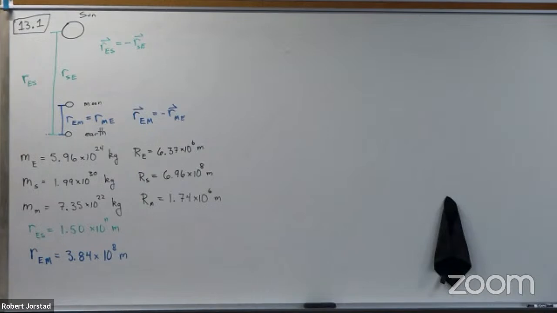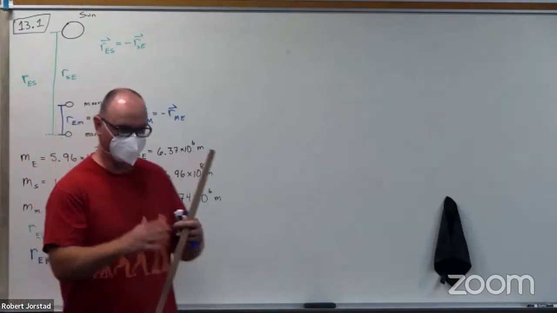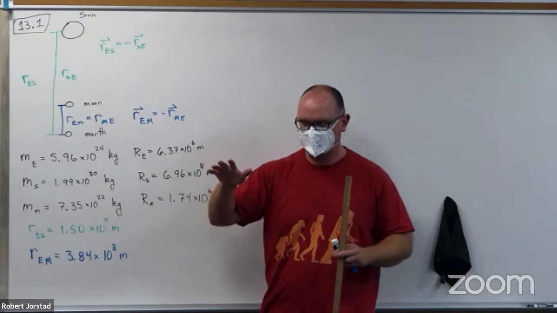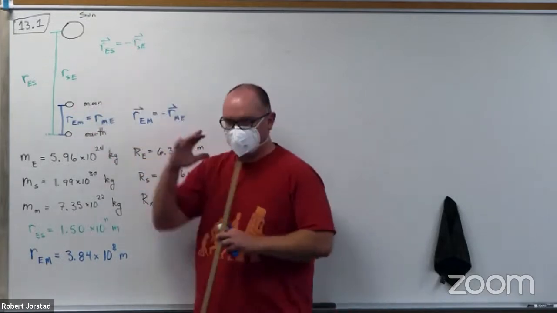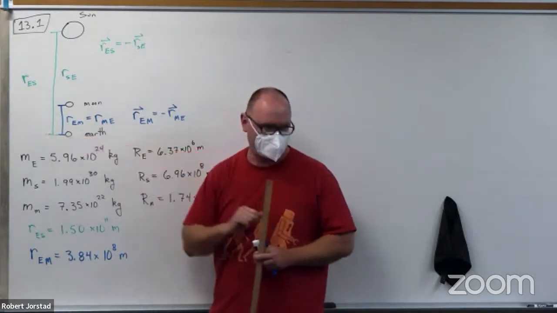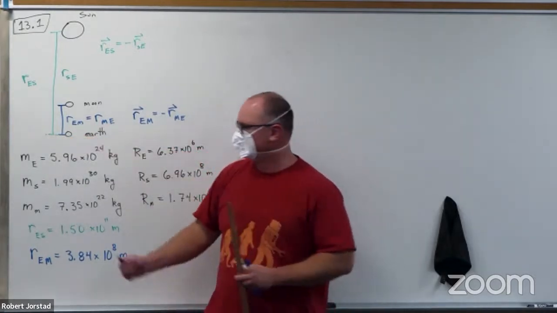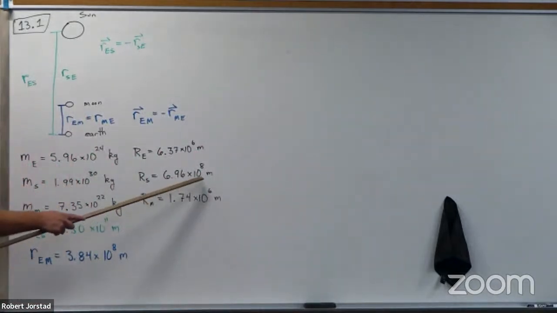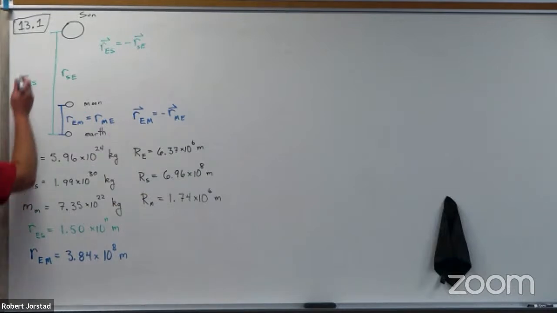Why am I bringing this up? Even though we think the Earth is huge, on this scale, it's a point mass. You know what I'm saying? On this large of an astronomical scale, we could actually treat the Earth like a point mass. Check out the sun. The radius of the sun is 10 to the 8th meters. If I was going to draw that to scale, it probably would be about the size of that dot.